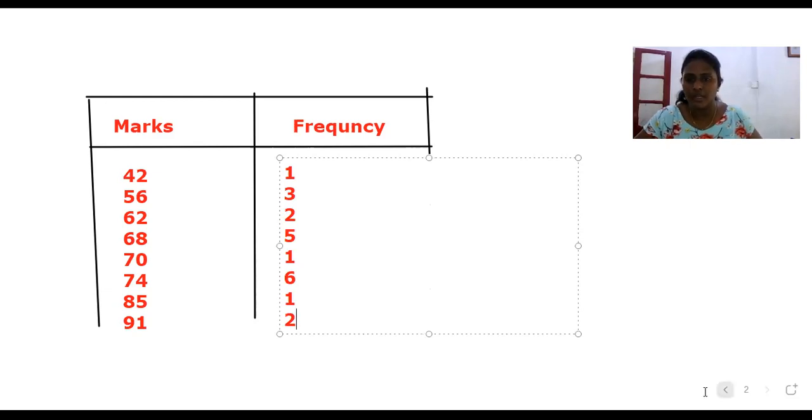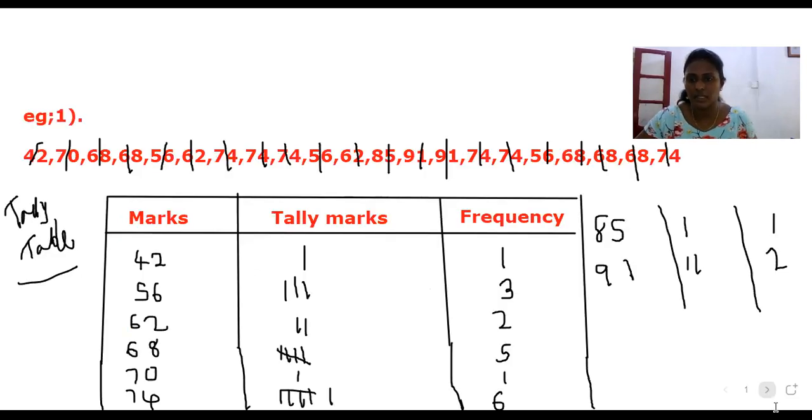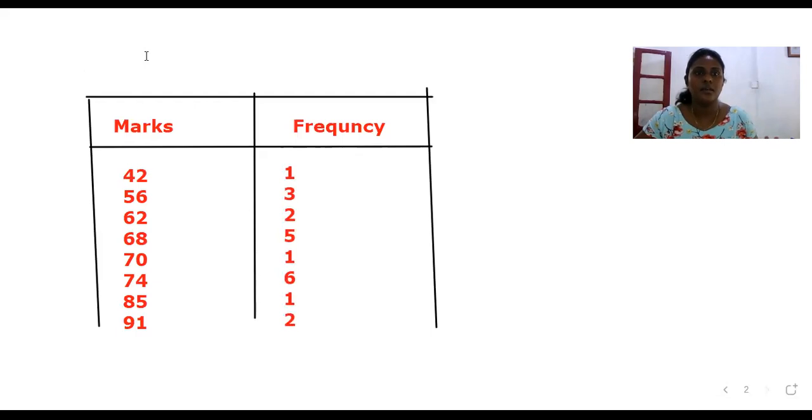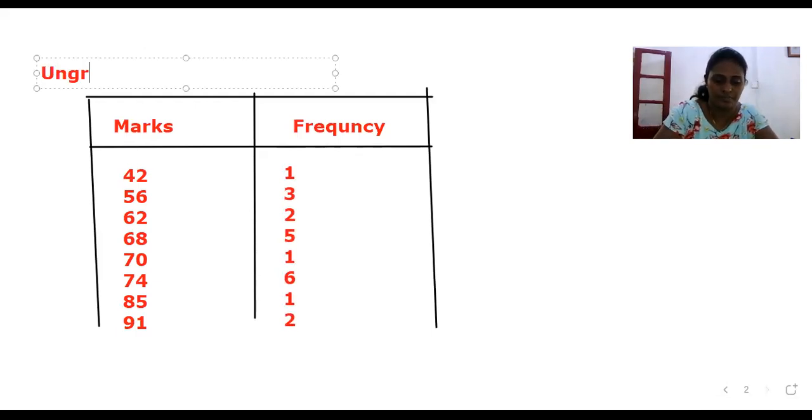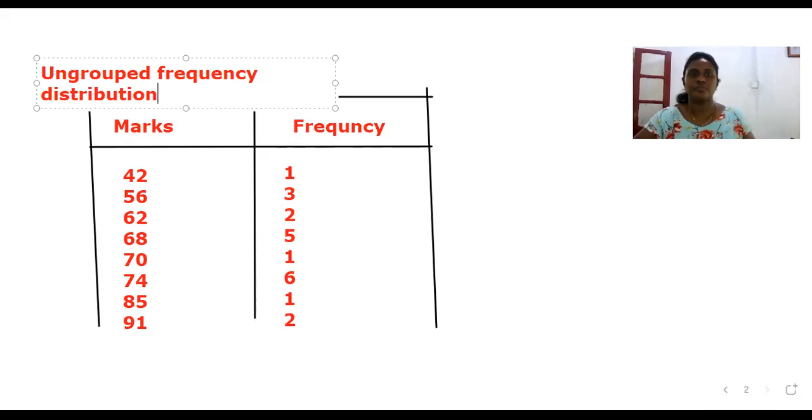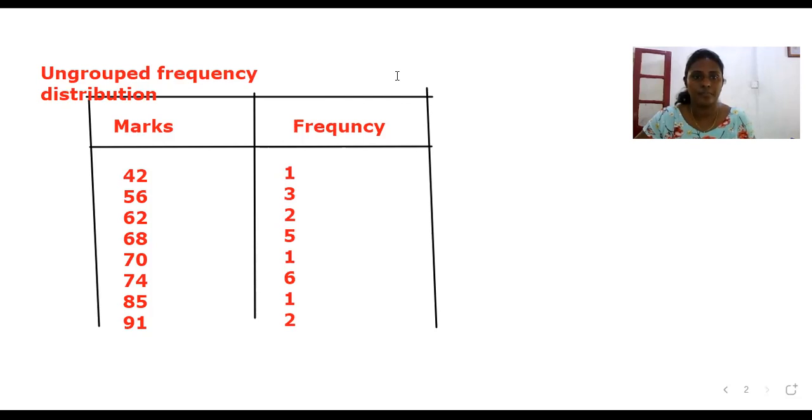I have taken this table from the tally table. This is the ungrouped frequency distribution. An ungrouped frequency distribution is a table. Okay, children? Now you can finish this table.